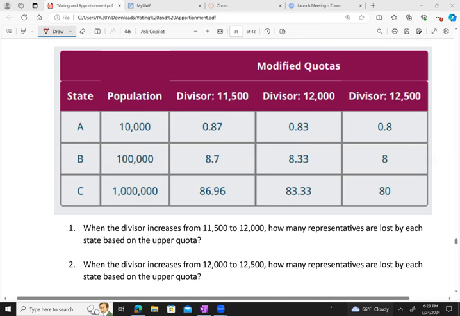Okay, so when the divisor increases from 11,100 or 11,500 to 12,000, how many representatives are lost by each? Well, A and B lose 0. This is going to be 1, and this is going to be 1. This is going to be 8, and this is going to be 8. However, C, this would be 86, and this would be 83. C loses 3.